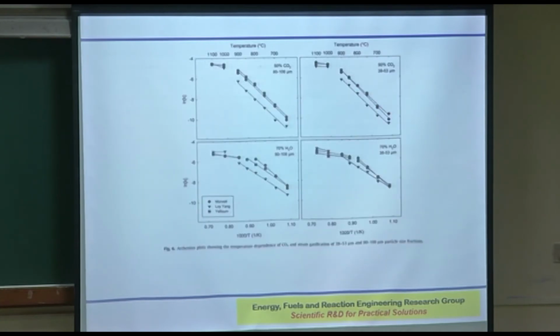Okay. And then the same thing as with the previous one was with conversion, and this is with log of the rate constant K. It's essentially separating K from K2, KT, again for different particle sizes.